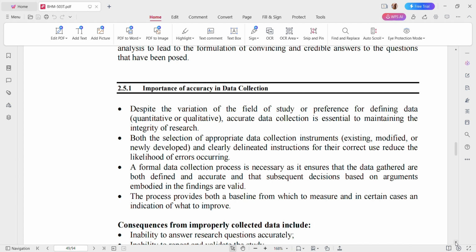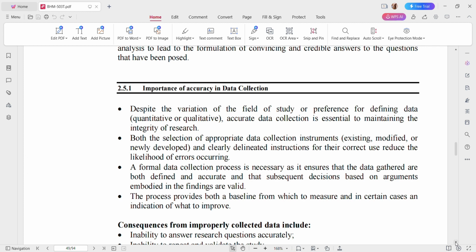Okay, so if there are existing research instruments that you can utilize, if you are doing a parallel or similar study, then it would be better if you can just download the instruments, but then you have to notify the author that you'll be using that instrument, right?